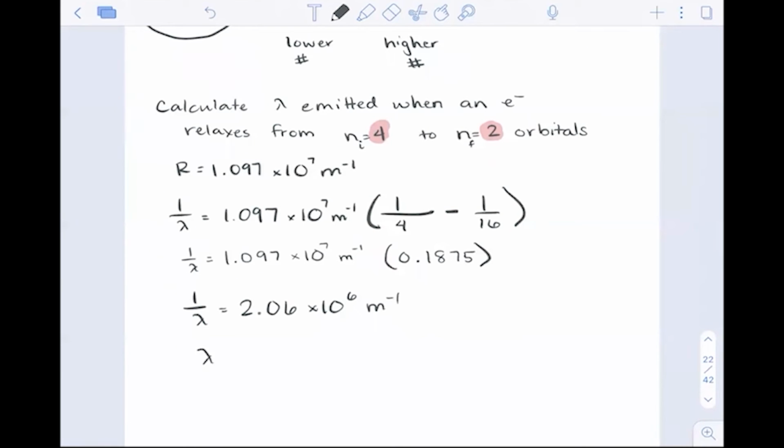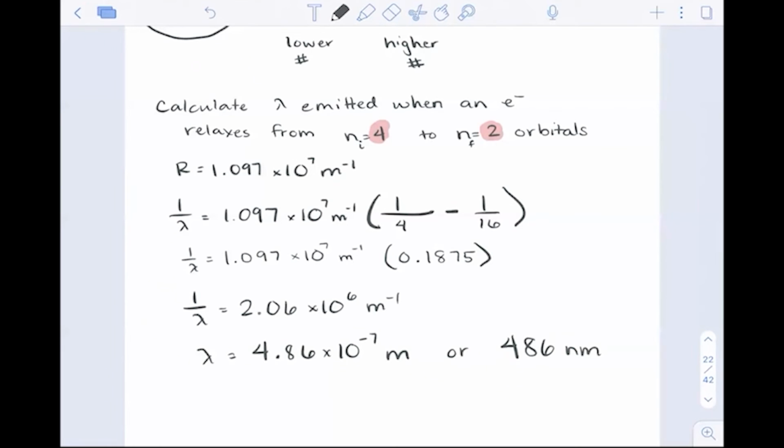And then we'll take the reciprocal of that, 1 divided by that answer. That is 4.86 times 10 to the negative 7 meters, or 486 nanometers. So we would see that's in the visible section. That's one of the lines that we would see for this transition.